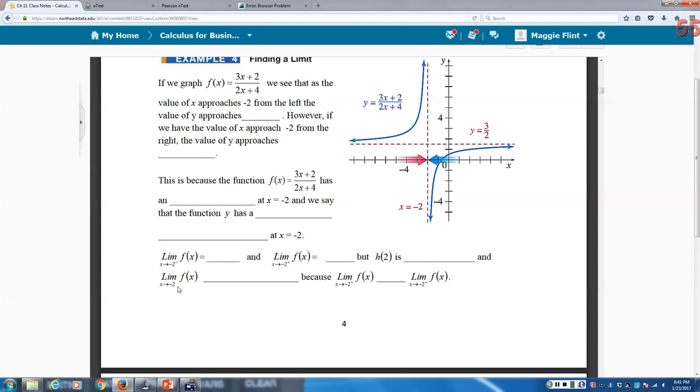And the limit as x approaches negative 2 of f of x does not exist, because those two are not equal. A does not equal sign goes in that last blank. Okay?